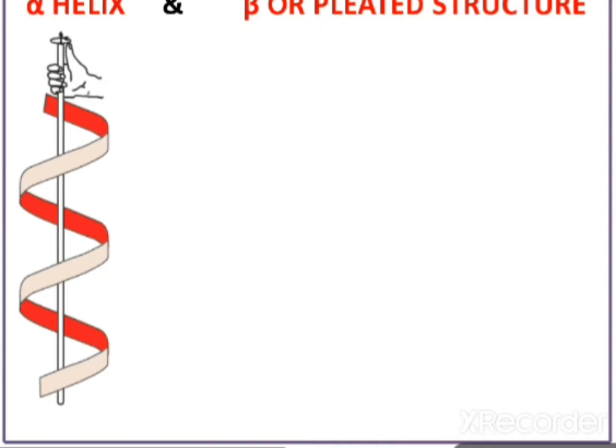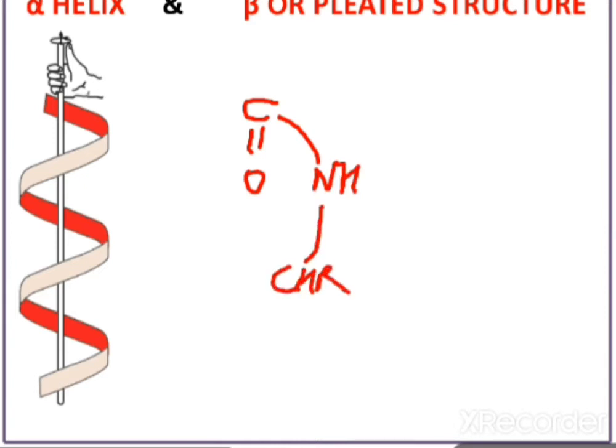So here you can see in this particular sequence, what will be the structure? It will be C double bond O. Then after this C, there is N, H, then CHR, then CO, then NH again.